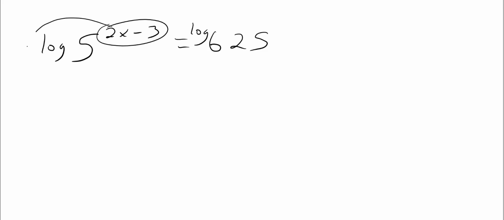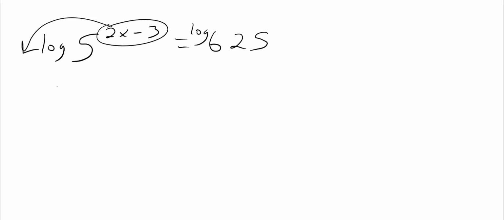5 to the 2x minus 3 power is equal to, let's say, 625. Okay, so we're going to take the log of both sides. So that comes to the front.